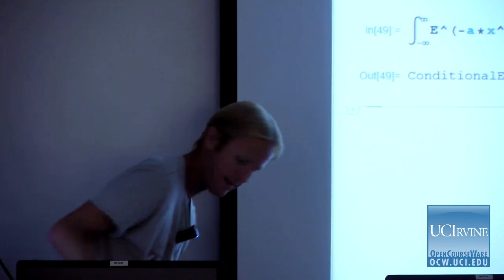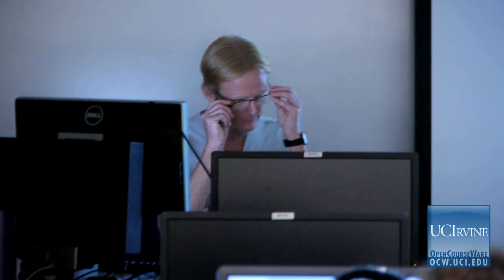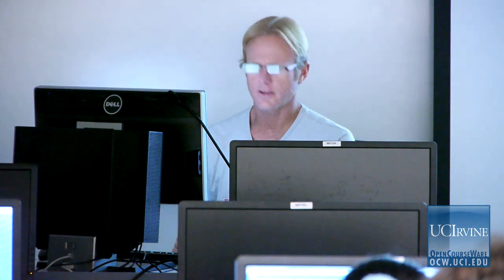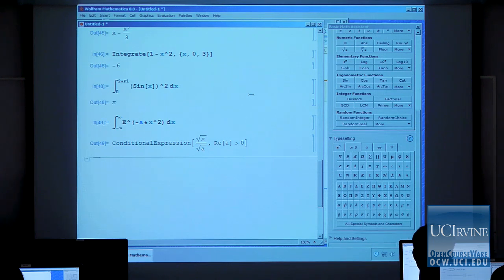Okay, so how do we do that? Well, there's a couple of ways. So one is I can use the integrate command and put an option in. Okay, so I'm just going to pull this function out, put it here, and then my range is going to be x goes from minus infinity, with a capital I, to plus infinity.